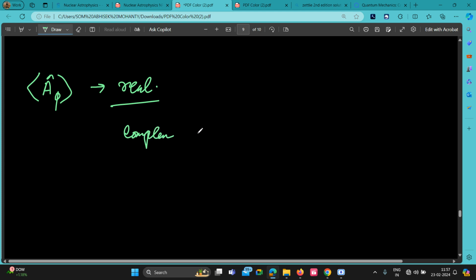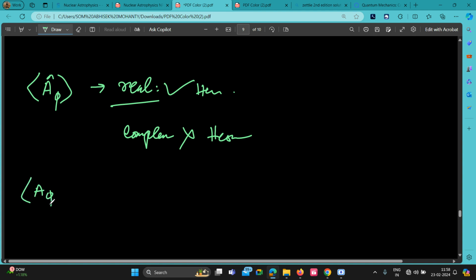We have to check their expectation values. If their expectation value comes real, then this is Hermitian. If it is complex, this is not Hermitian. If this is real, this is Hermitian. Okay, so we have to check it.